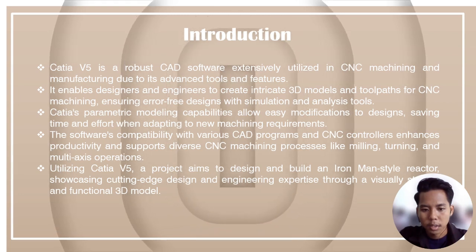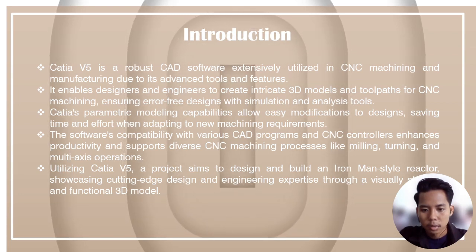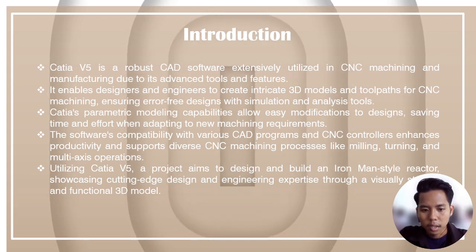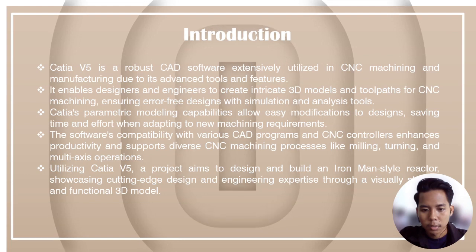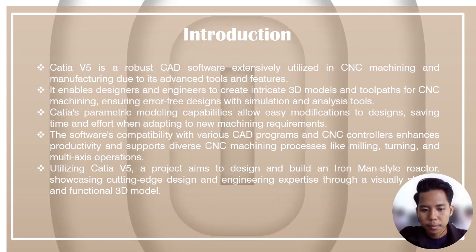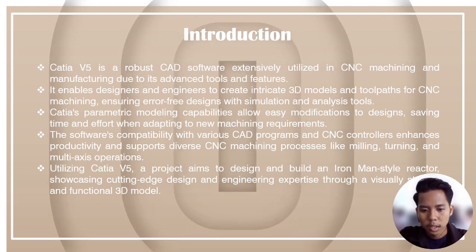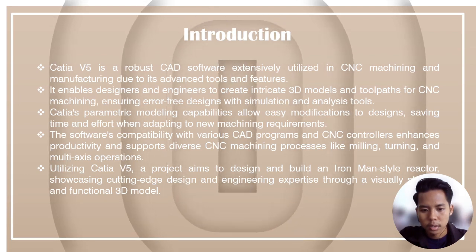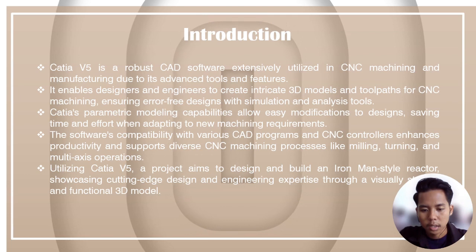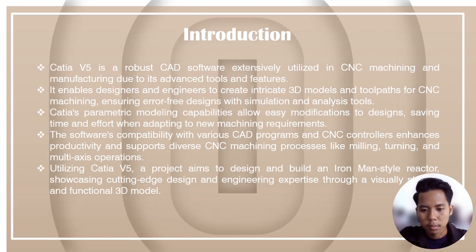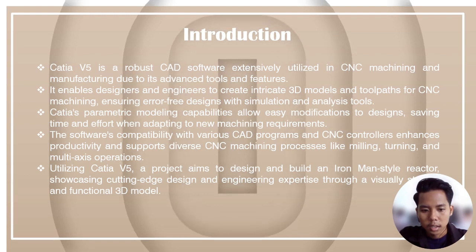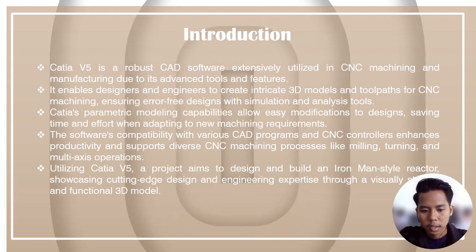CATIA parametric modeling capabilities allow easy modification to design, saving time and effort when adapting to new machining requirements. The software compatibility with various CAD programs and CNC controllers enhances productivity and supports diverse CNC machining processes like milling, turning, and multi-axis operation.